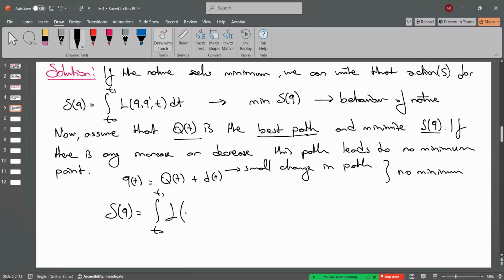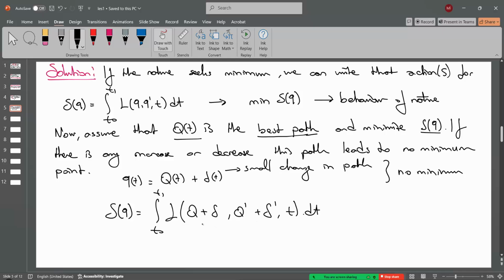And this q is a path, because q is given by Q plus delta, and Q dot plus delta dot, dt, can be written just like this.